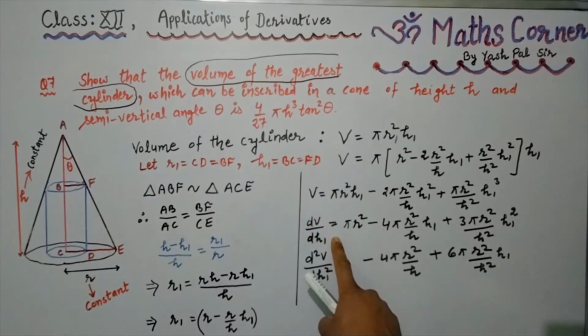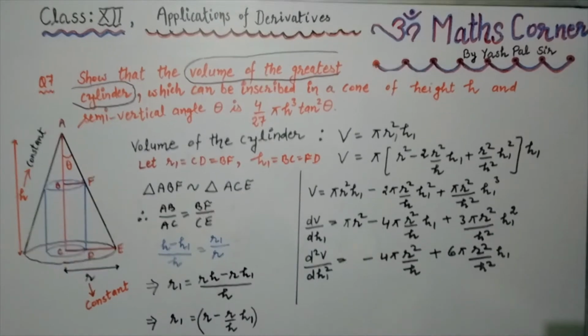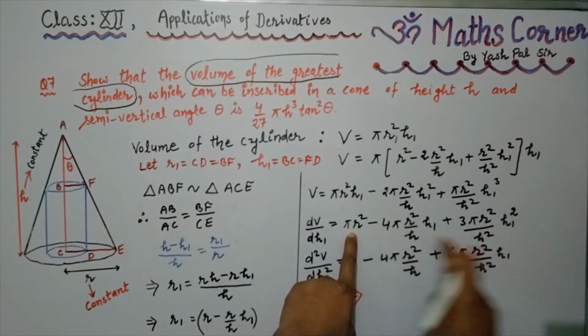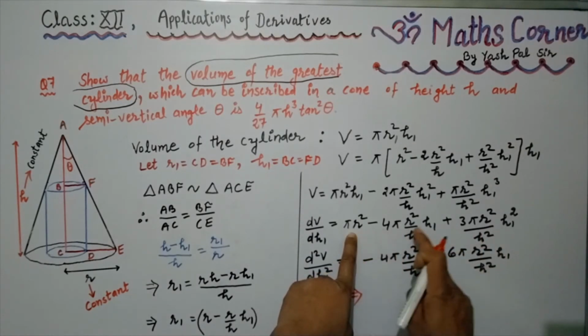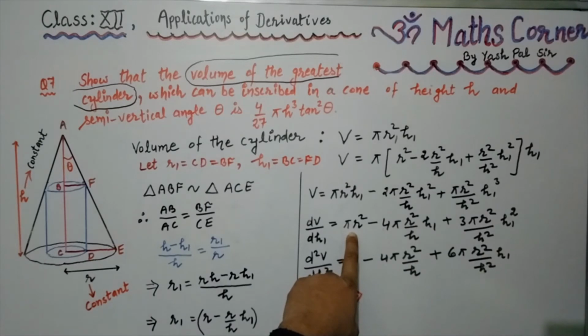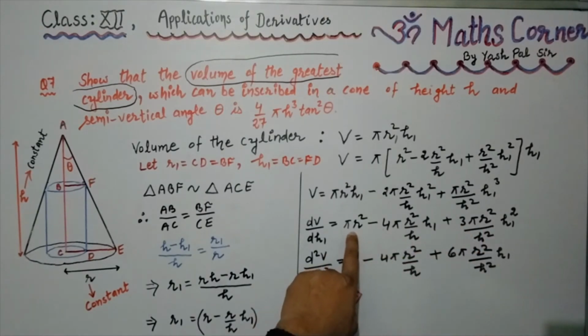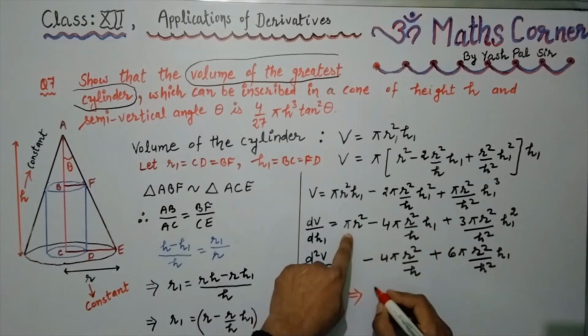Now for maximum or minimum value of volume, we put first order derivative of volume equal to 0. dV upon dH1 equal to 0, which gives, if we put this right hand side equal to 0, R square cannot be equal to 0. So pi R square we can eliminate.